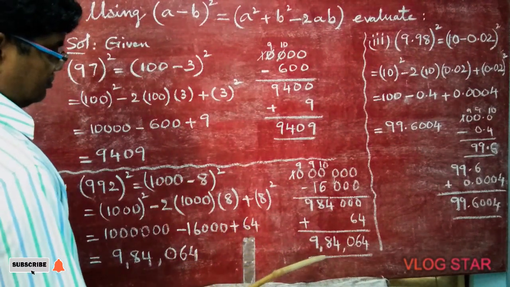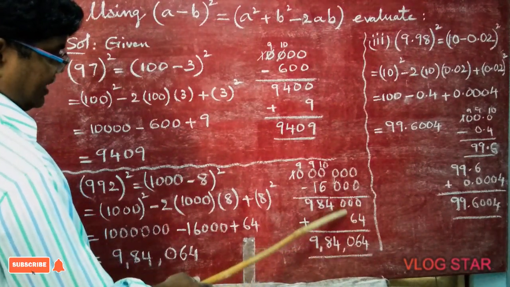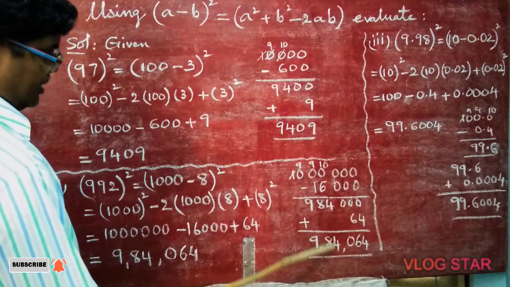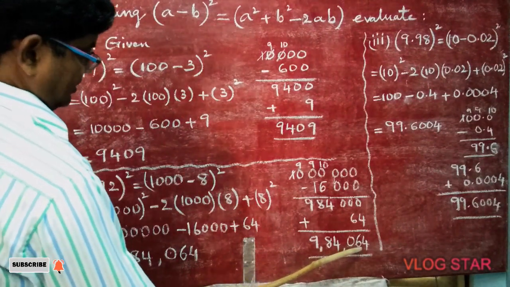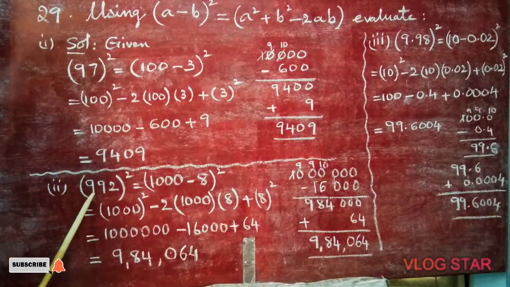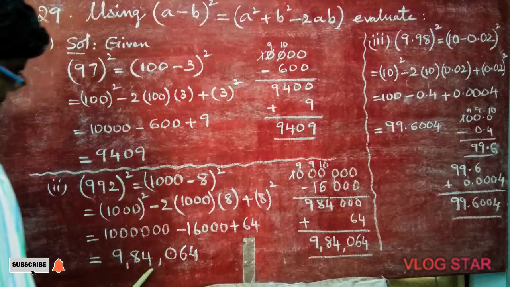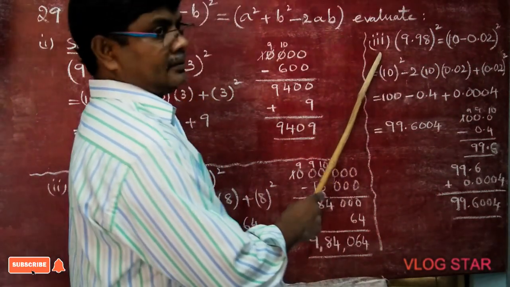Add 64. So 0 plus 4, 4; 0 plus 6, 6. Here 0 as it is comes down. And 84 and 9. So 9 lakhs 84,000 and 64. So what is the answer of 992 whole square? 9 lakhs 84,064. Coming to the third bit.